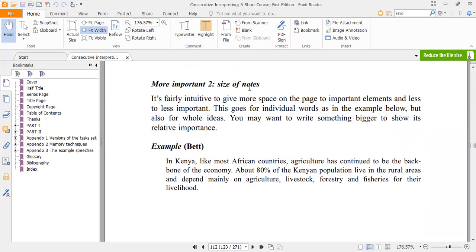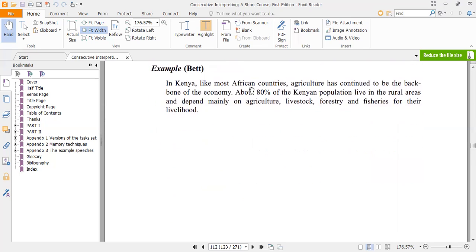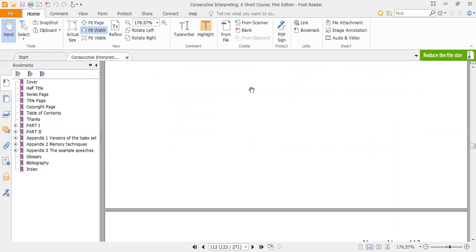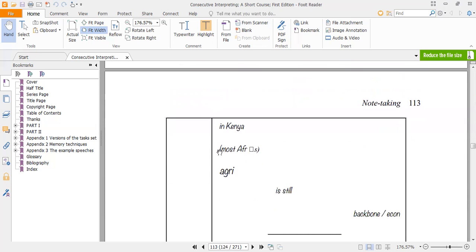The third technique, or the third strategy for noting the most important issue, is writing it in capital letters, or in a bigger size.